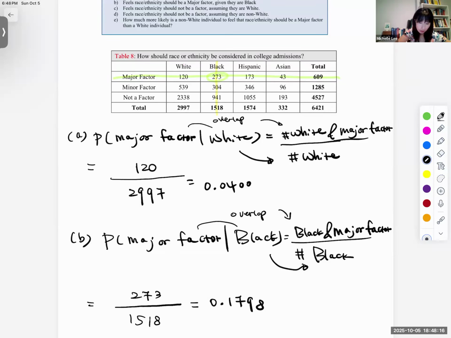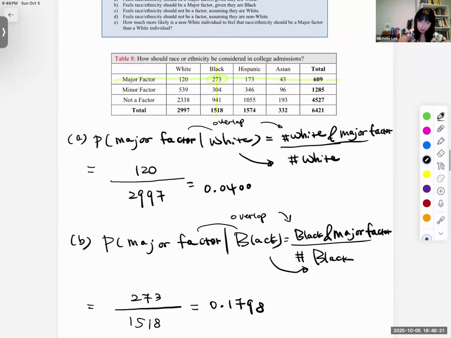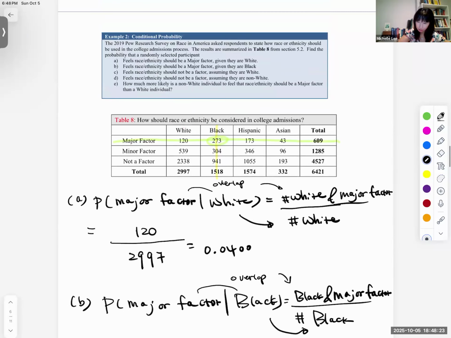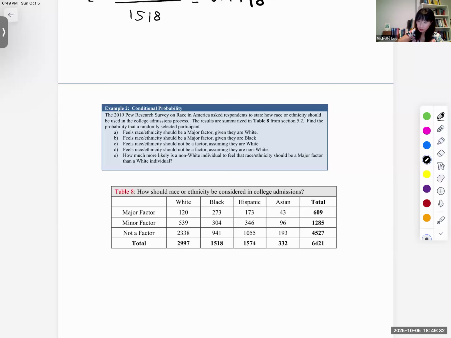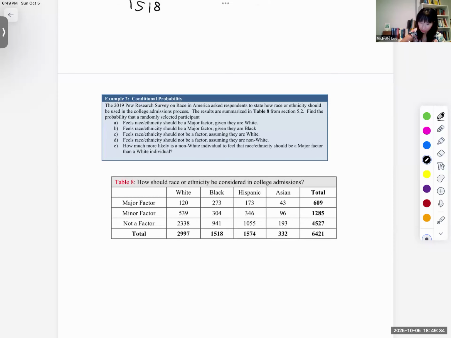Okay. CD, similar. Let's do CD. I need this chart, CD, right? All right, so let us see here.